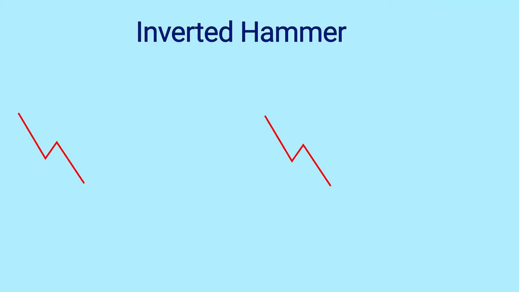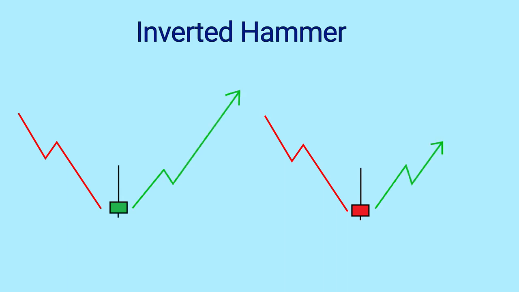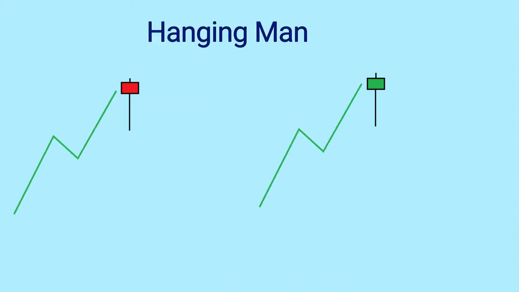Similarly to what we discussed about the hammer, if the inverted hammer has a green body, it is relatively more bullish than a red body inverted hammer. Similarly, in the case of the hanging man, a red body hanging man is relatively more bearish than a green body hanging man.